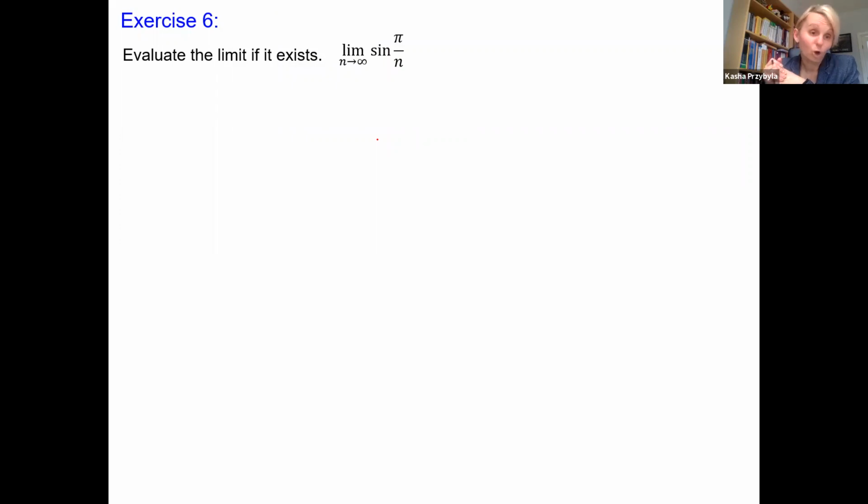What is the limit, or how does the sequence behave, sine of pi over n? Sine function is a continuous function. That means I can keep it outside and focus on the limit of the inner.